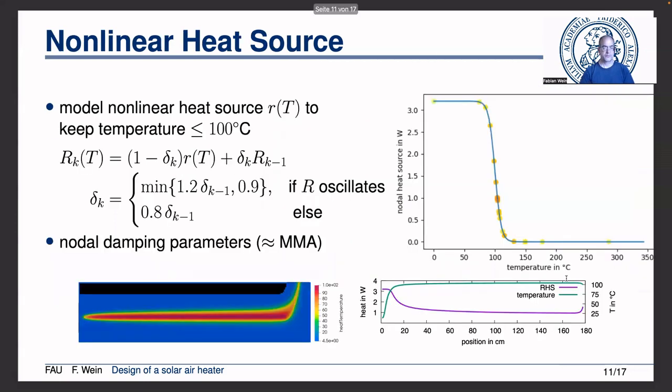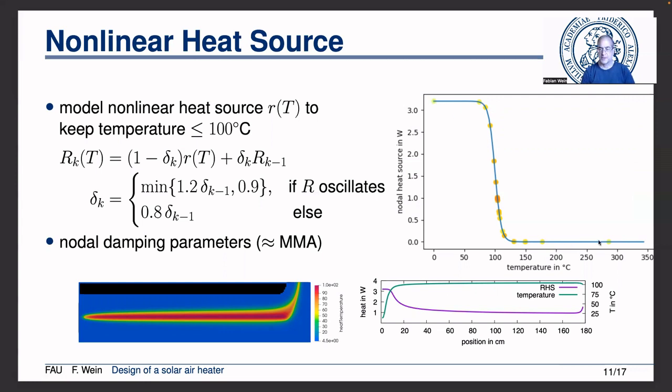As a remedy, I have implemented a nonlinear heat source as a fixed point iteration model to keep the temperature at the maximum limit of the absorber. So let's say here 100 degrees. For small temperatures, the nodal heat source, every node on the center line of our absorber, has a certain value depending on the density, which is here a little bit about 3 watts per node.